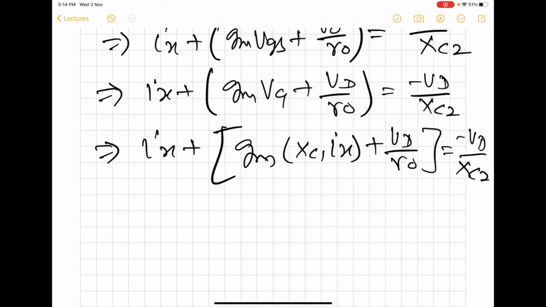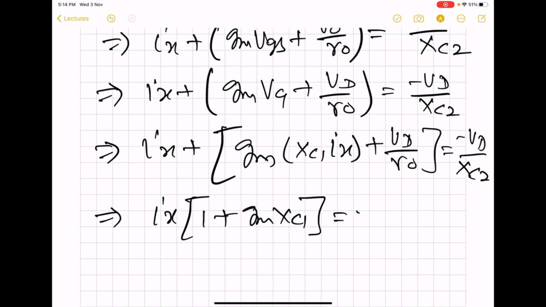So here we can separate out Vd because this is what we want to know. So we see that Ix into (1 plus gm XC1) is equal to minus Vd into (1 by R0 plus 1 by XC2).